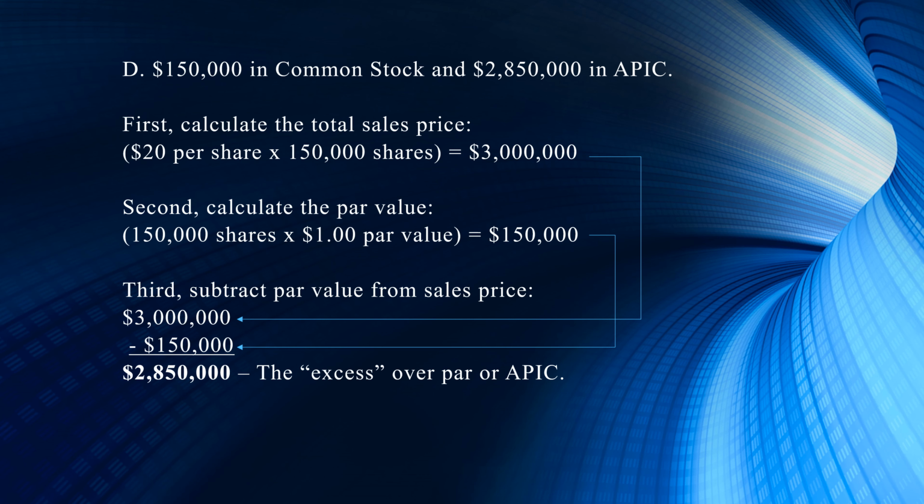Then you net the two. So the third and final step is you subtract the par value from the sales price. So if we do that, we have $3 million, subtract out $150,000, and we're left with $2,850,000, which represents the excess over par or the APIC or the additional paid-in capital. So answer D is the correct answer.